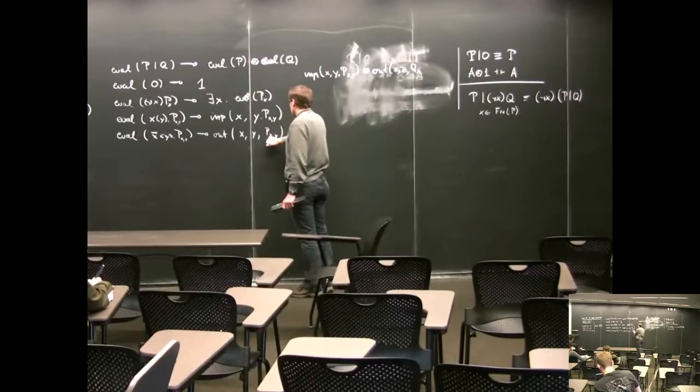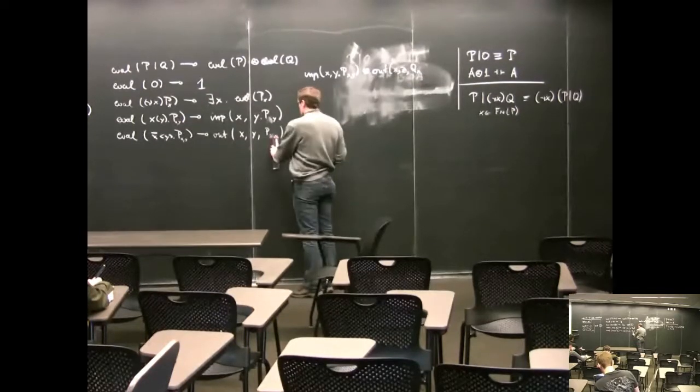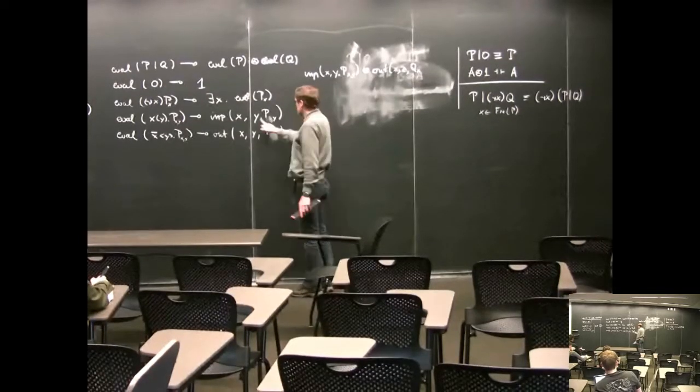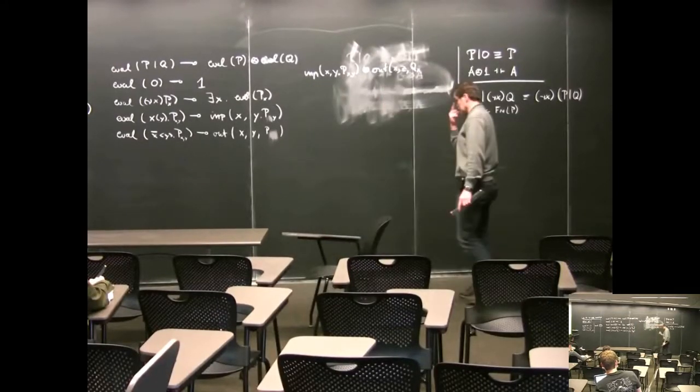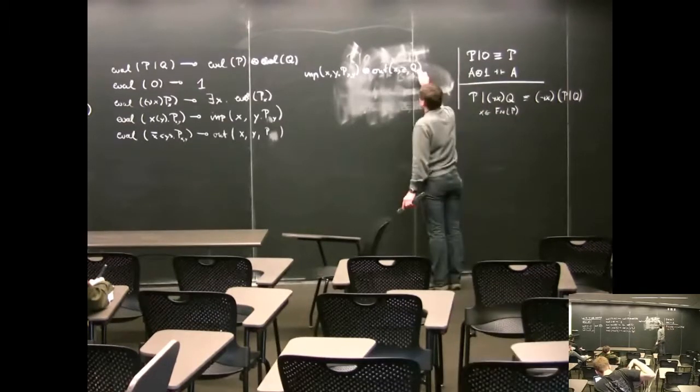Yeah, so I think I probably write it like this, because there's no bound variable here except y. So x and y are like free variables here. Okay, so I have q here.